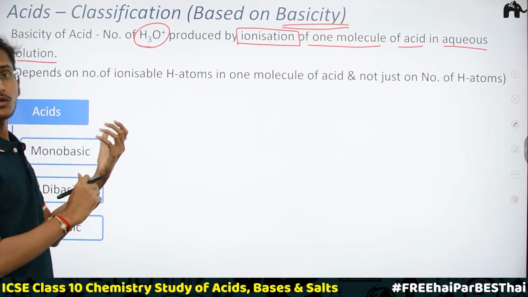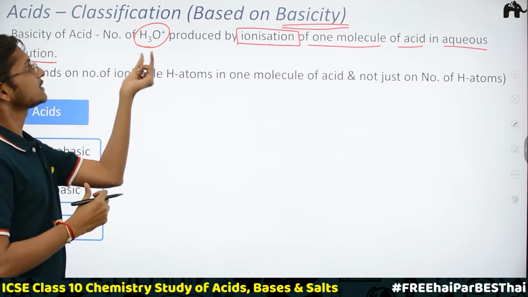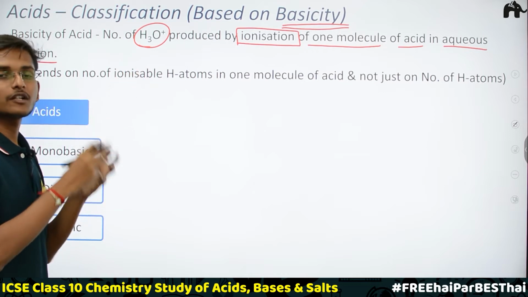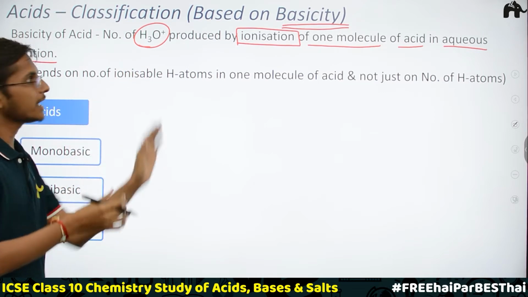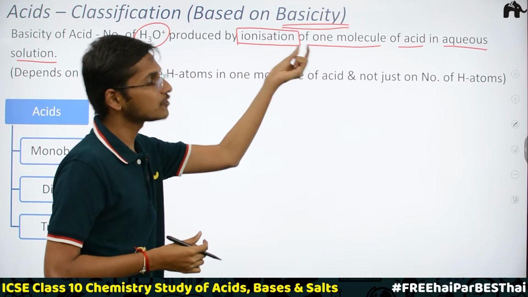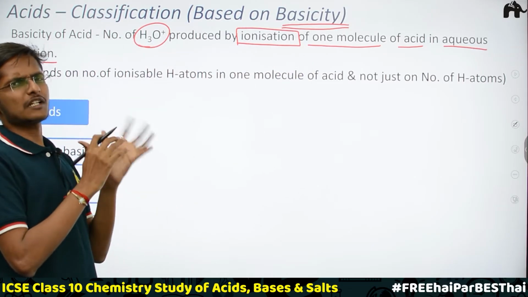Okay, so how many H3O plus or hydronium ions that particular acid is producing by the ionization of its one molecule.